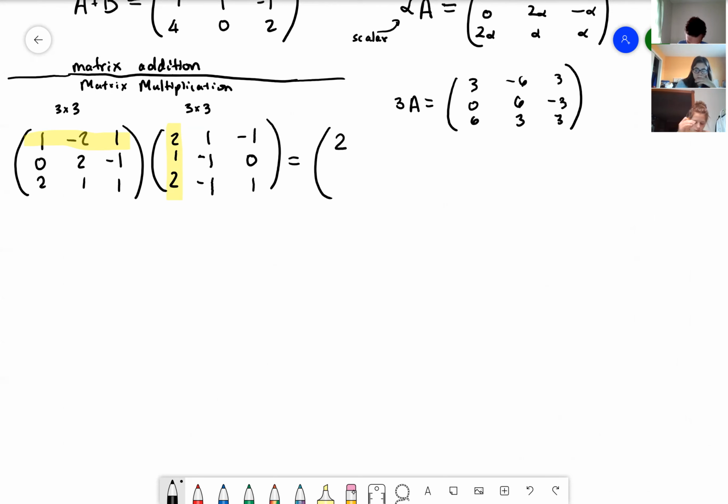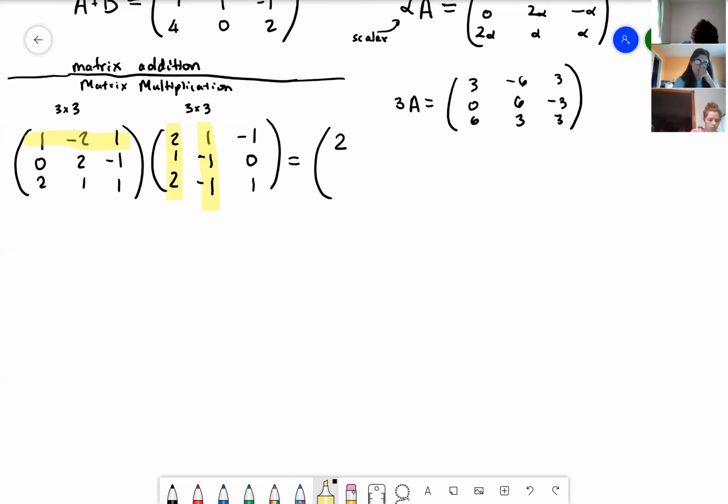Now to get the entry just to the right of it, that will instead be this column, since that'll be in the second column of the product. And the first row, we take the second column of the one on the right, first row of the one on the left. And we kind of take this column, flip it on its side, set it right on top of that row, and add things up.